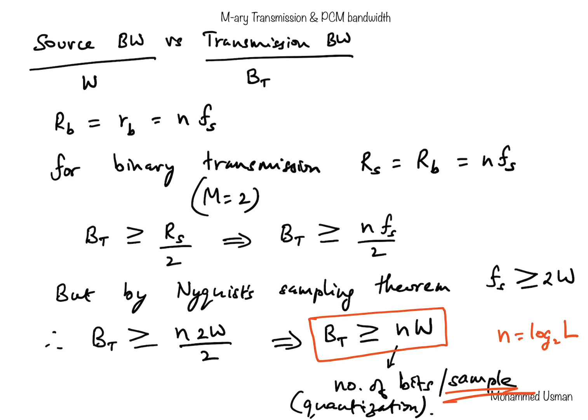Now we will see the relationship between the transmission bandwidth and the source bandwidth for other values of M, say when M is equal to 4 or M is equal to 8, and we'll find the general relationship between BT and W. So let us first see the relationship for M equal to 4, that is, 4-ary transmission.